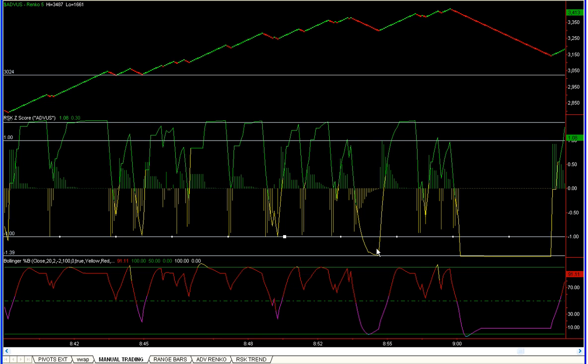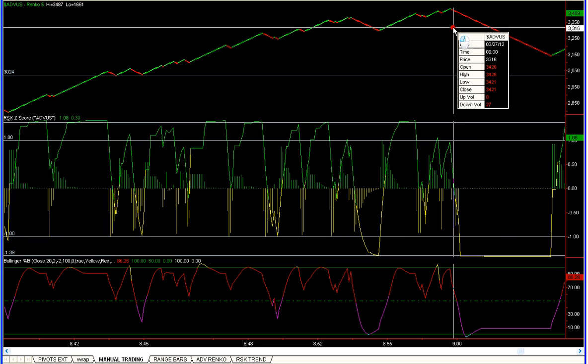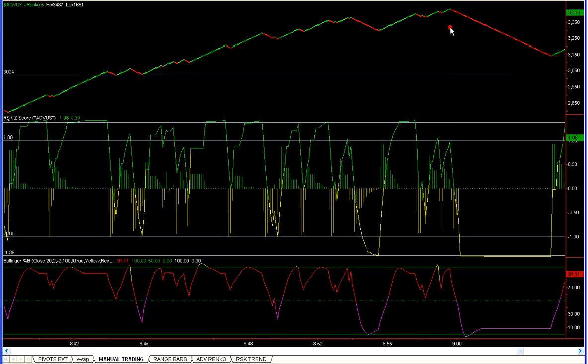So let me talk about that for a minute. Let's just look at this move here. Now, on this indicator, the ADV-US, we were at a higher high, lower high on the Z-score, and we saw a big move.